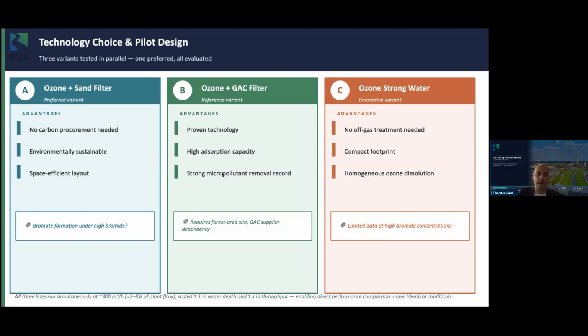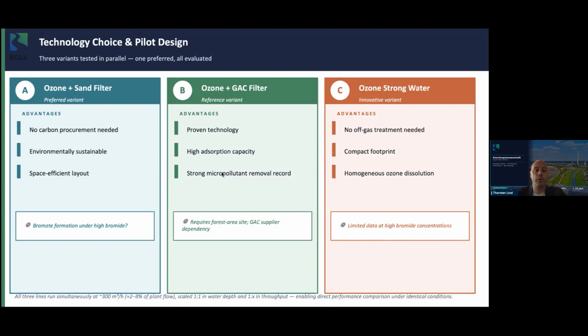So when we were thinking about this pilot project, we were wondering about the size, the dimensions, the length, and it occurred to us that regarding the depth of the water, we need to do it one-to-one with the large scale, but we probably can have some improvements on the reaction chambers for the ozone injection.